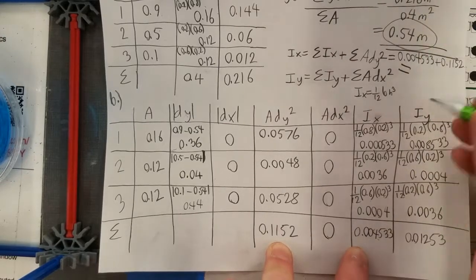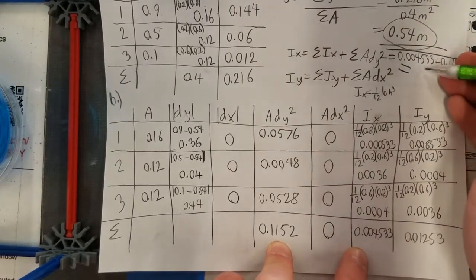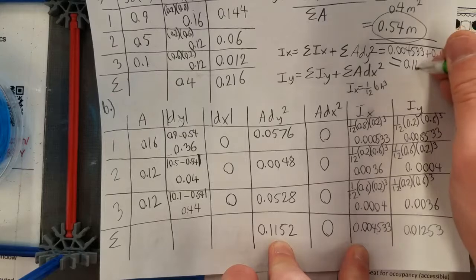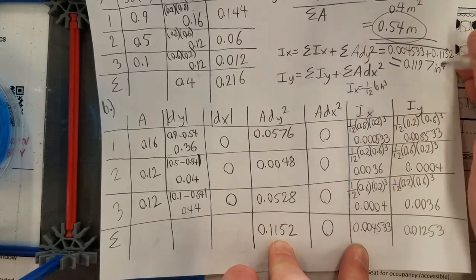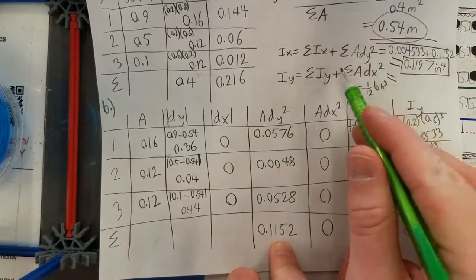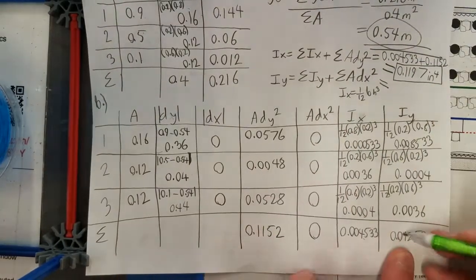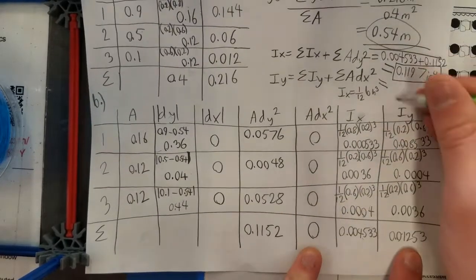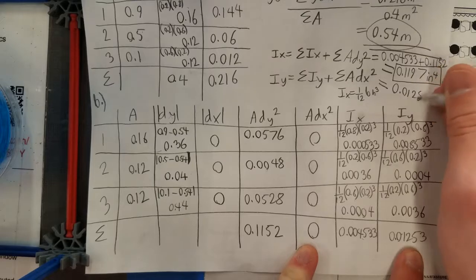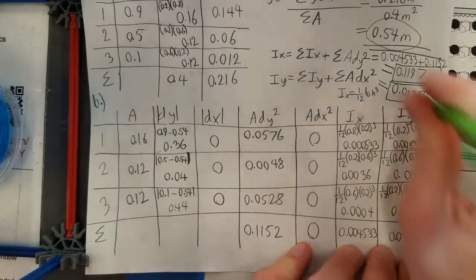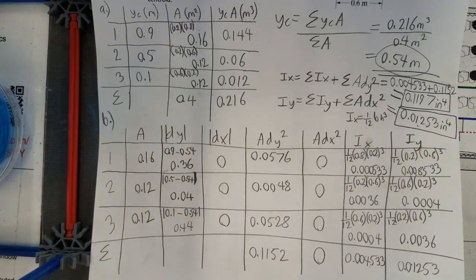And so we add those together, and we end up getting a value of 0.1197 inches to the fourth. And that's our Ix. And then for Iy, it's going to be just this value because A times dx squared is 0. So it's going to be 0.01253 inches to the fourth. And that should be everything that we were asked for this question here.